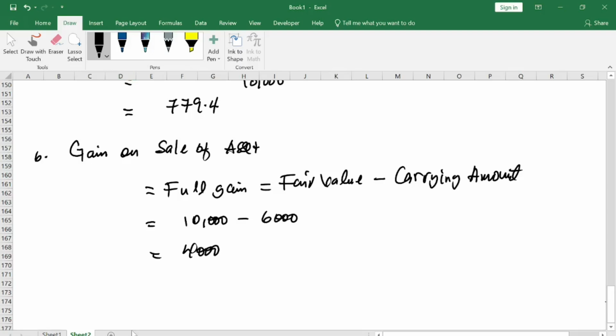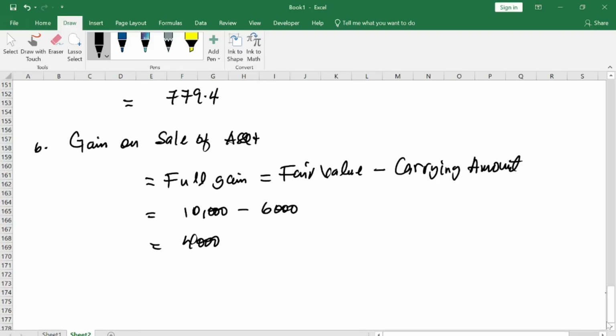The standard says that this 4,000 cannot be reported by the seller outright, because the seller has leased back the asset, which means part of the asset will form part of the right of use of asset to be amortized over the period, and then the remaining amount will be reported by the seller in the books, because he decided to lease back the asset.